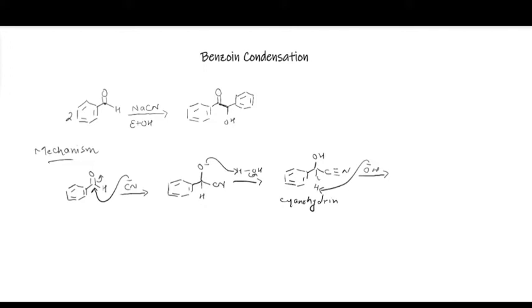which shifts this electron density between the two carbons here, and that shifts the electrons towards nitrogen. And now you can see that we have the formation of another ion here, which looks like this.